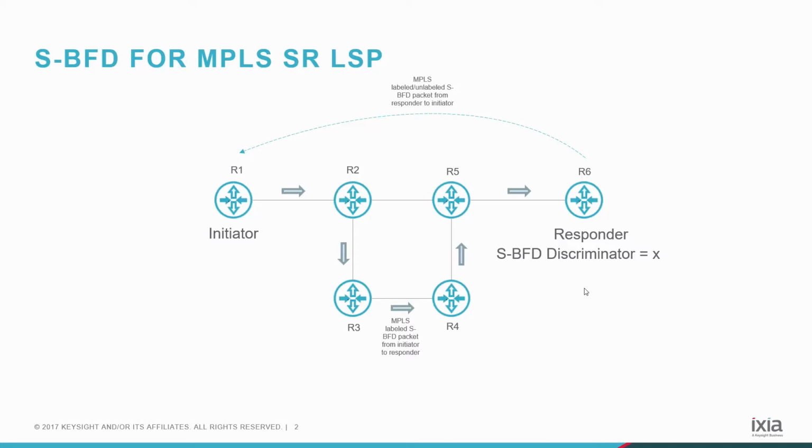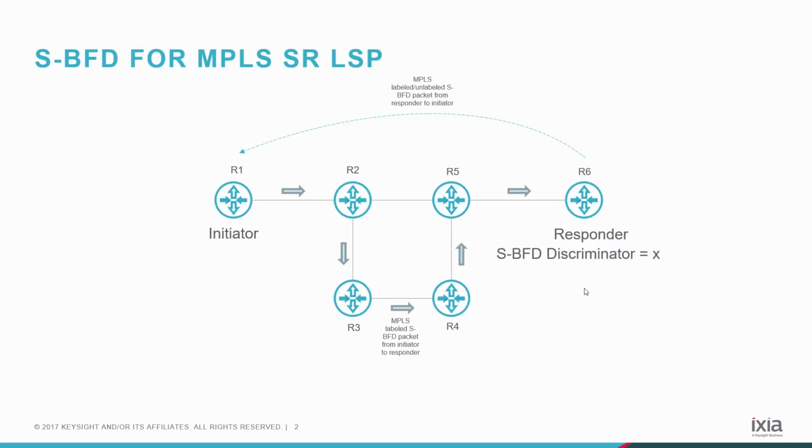When the responder responds back, either you can choose another MPLS path or it can just send plain IPv4 SBFD packets towards the initiator. And if the initiator receives the response from a responder, it concludes that continuity is maintained through the path.